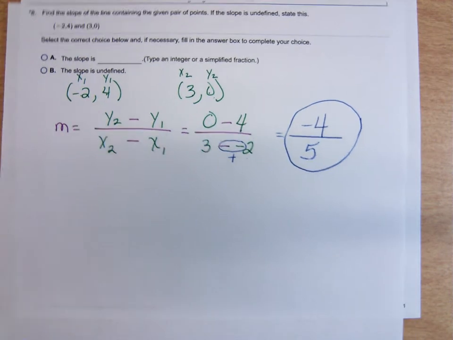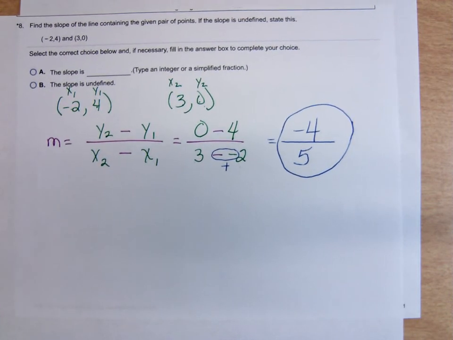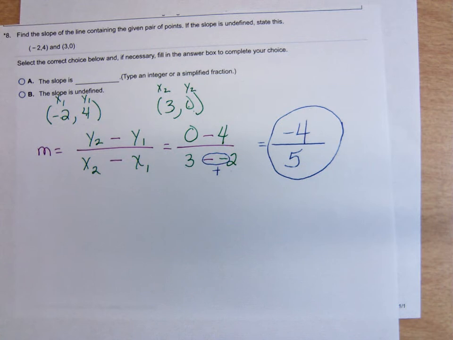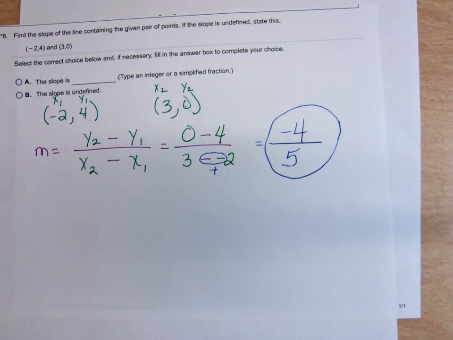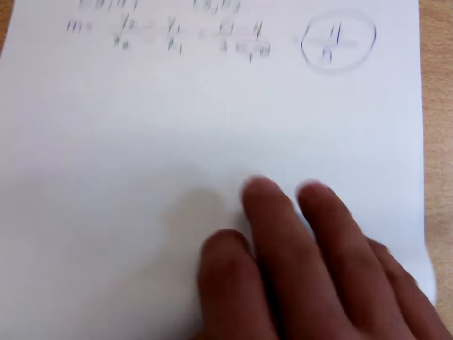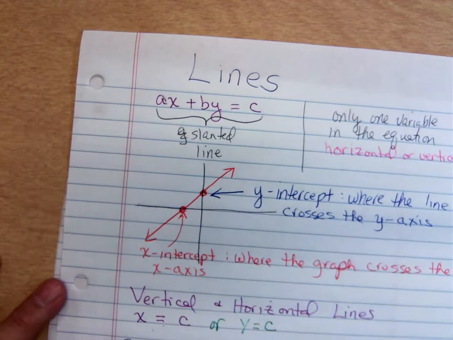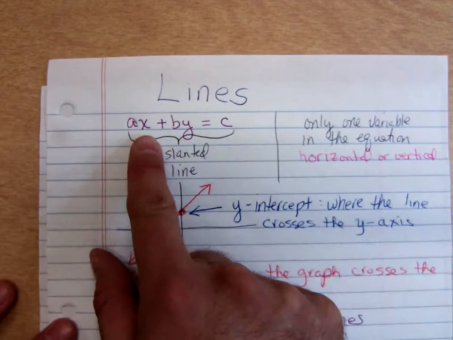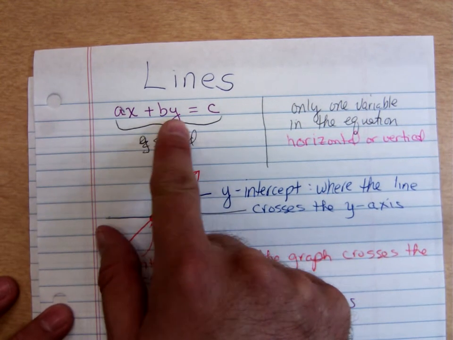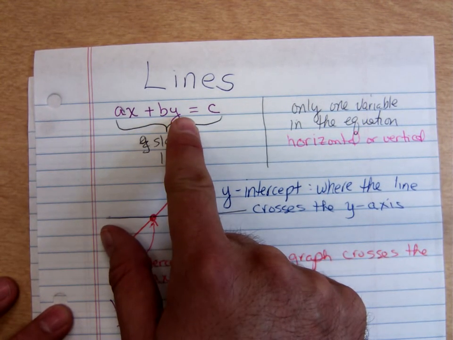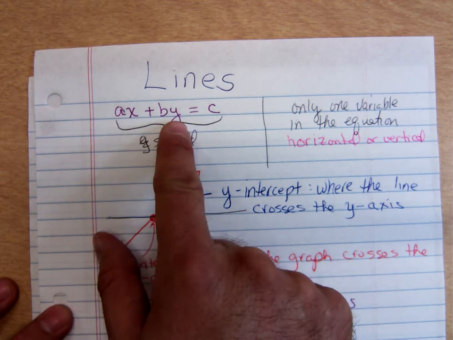Now, let me clear this. When we began all of this, I said the equation of a line has no exponents in it, and if there's both x and y, then they're slanted lines.